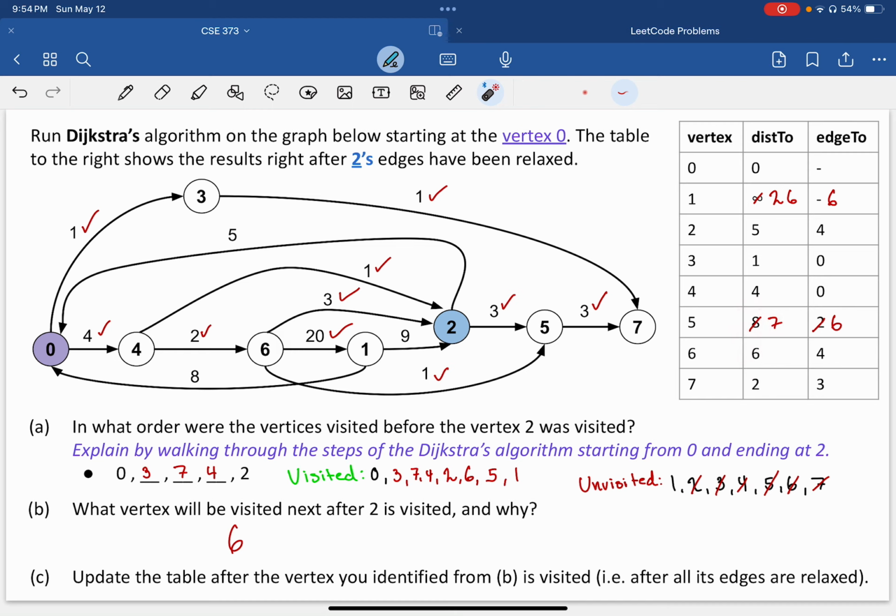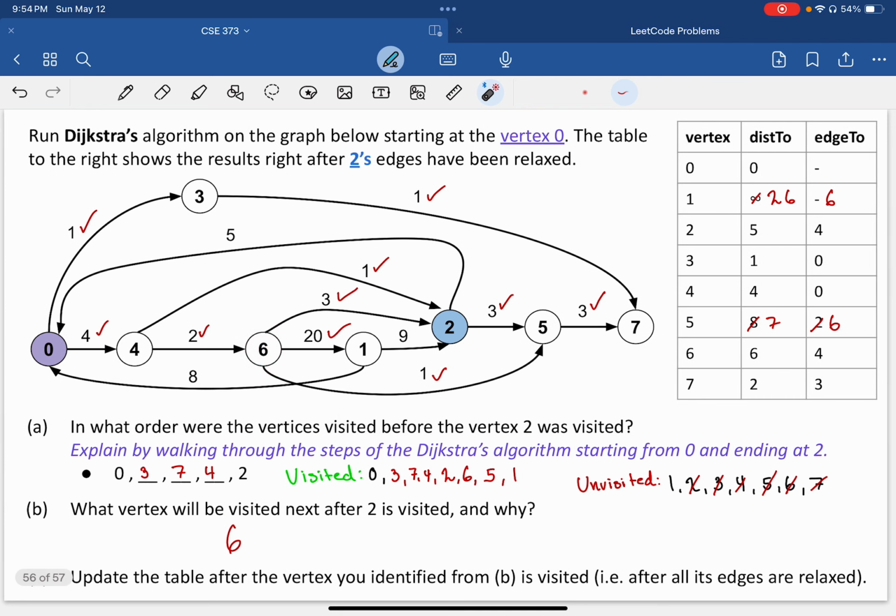It has 3 outgoing edges, and to get to 2, it's going to cost 3. To get to 1, it's going to cost 20, and to get to 5, it's going to cost 1. But in reality, since it costs 6 to get to 6, we're going to add that, so 6 plus 3 is 9. 6 plus 20 is 26. 6 plus 1 is 7.